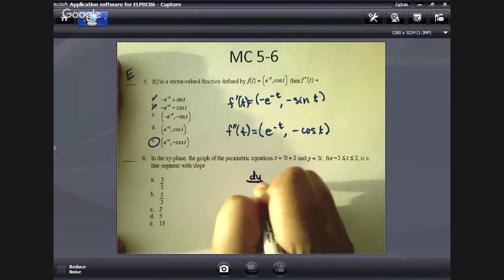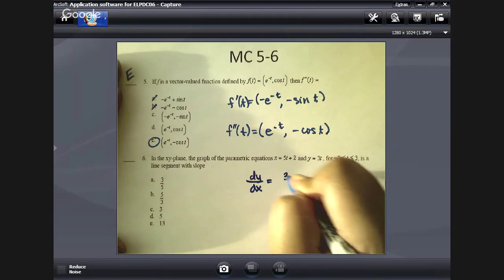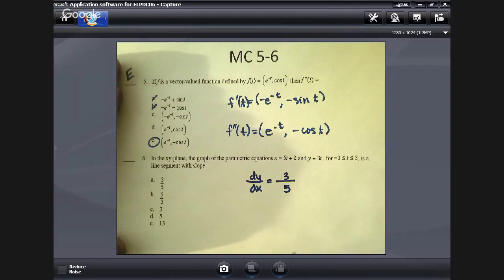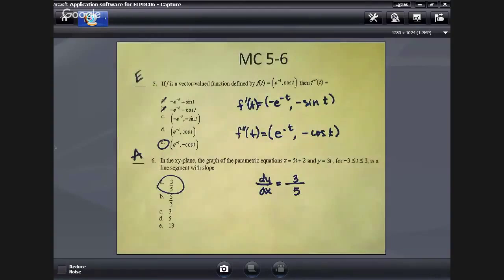So I hope that made sense to you. That's going to be equal to the derivative of y, which is 3, and the derivative of x, which is 5. So the slope is 3/5. A line segment's slope is its derivative because it's its own tangent line.